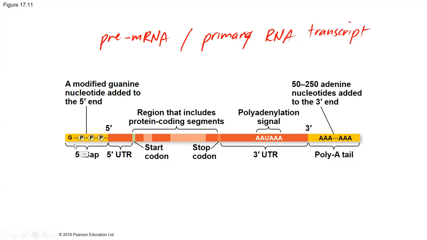As you can see, it has a guanosine nucleotide added at its 5' end, and between 50 to 250 adenine nucleotides added to the 3' end, and they will constitute the poly A tail. The mRNA molecule that is transcribed also contains different regions. Here we have the start codon and the stop codon. These are important for translation.